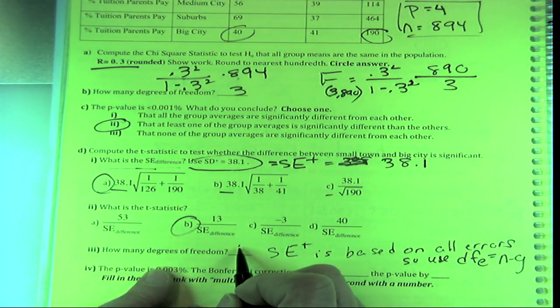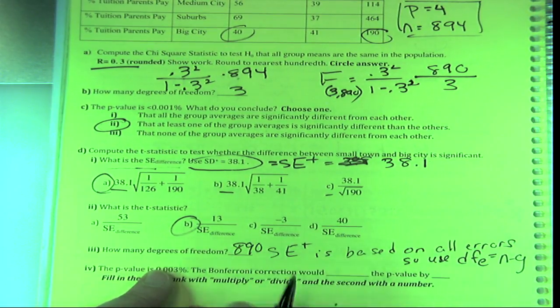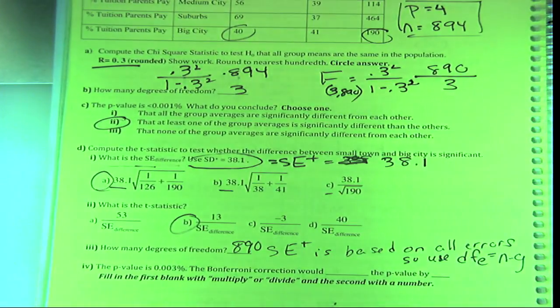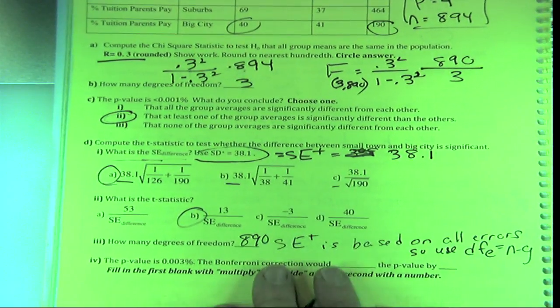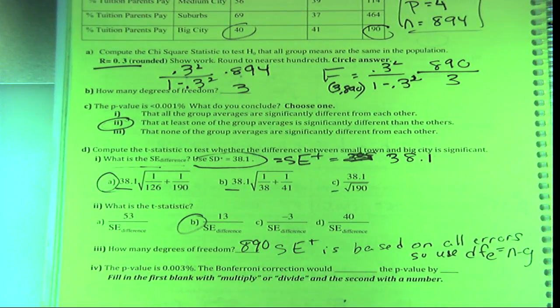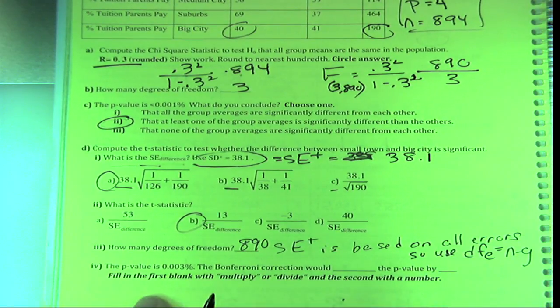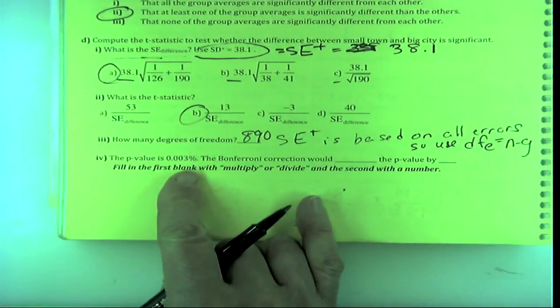So that would be 890. All the errors, n minus g. Does that make sense? You're benefiting from all the data. Now, the p-value is that.